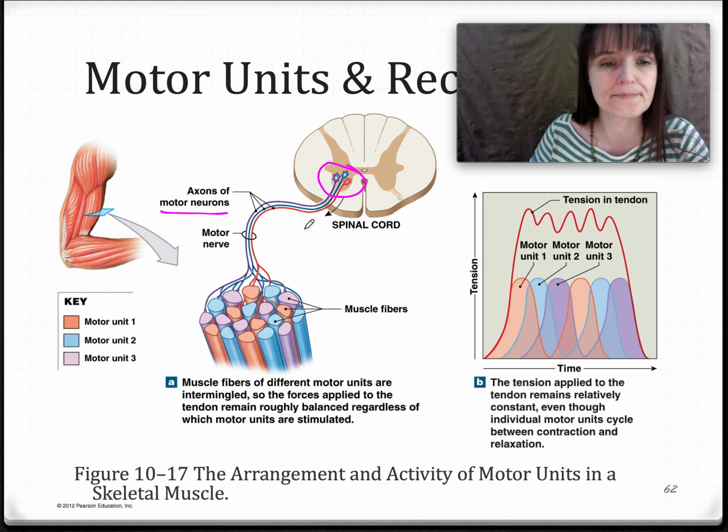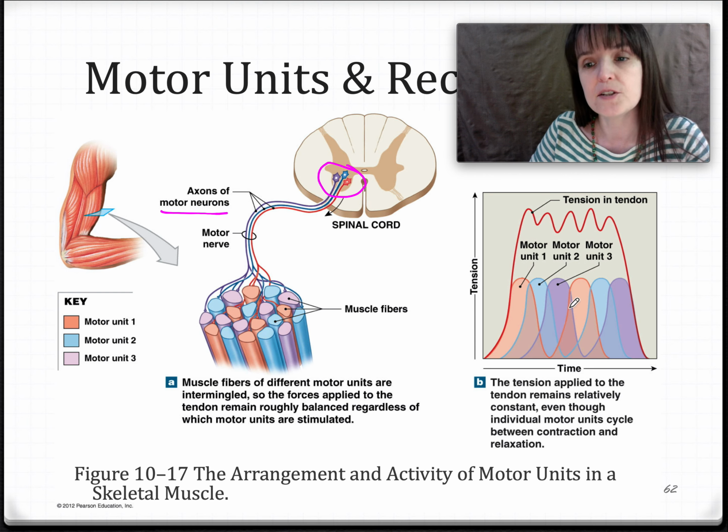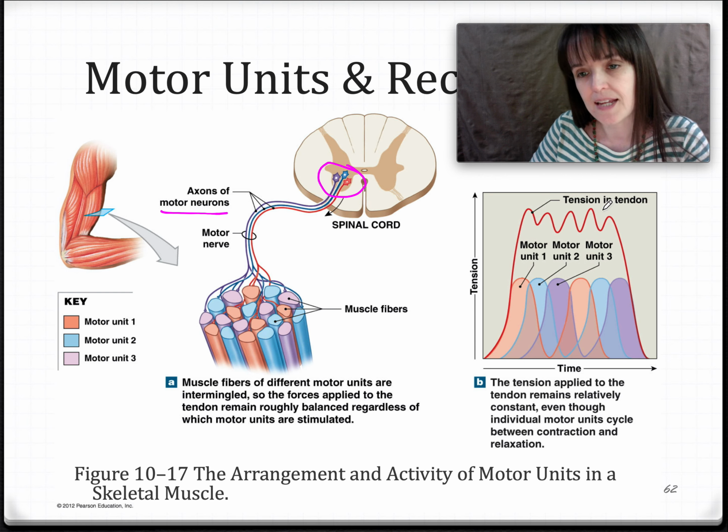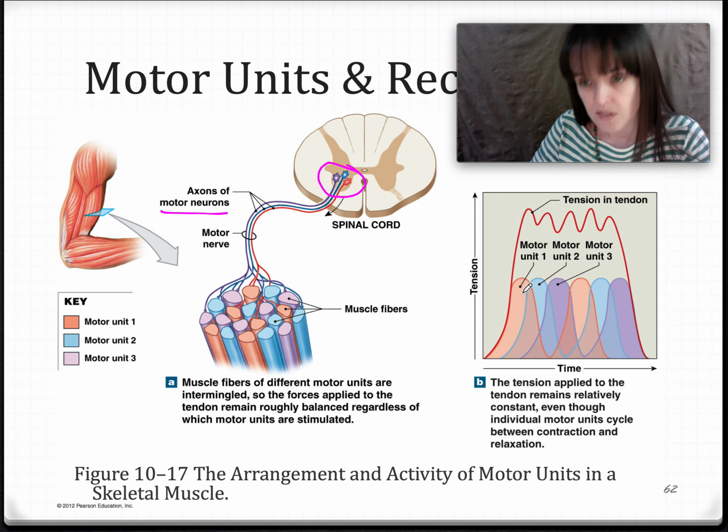So, okay. So the motor nerve innervates this muscle. Here you've got the three motor units, and here it shows how each motor unit is activated in sequence so that the tension is added up, not over time.